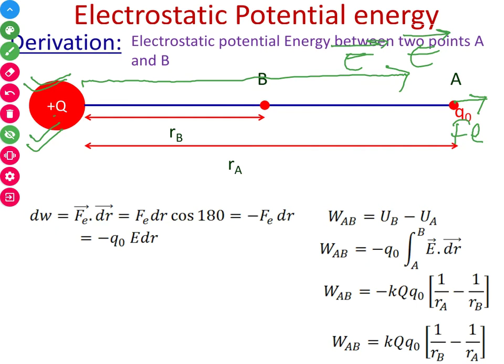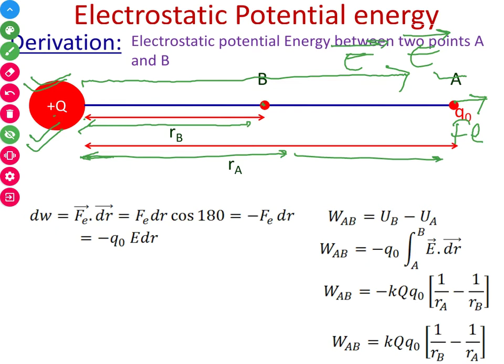And there is another point B which is RB distance away, and point A is RA distance away. So this is given, and now we have to find out the work done.